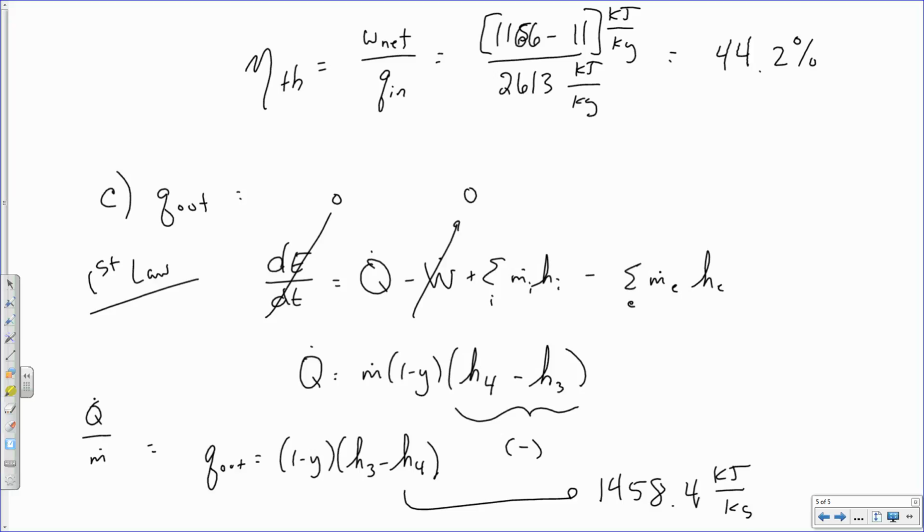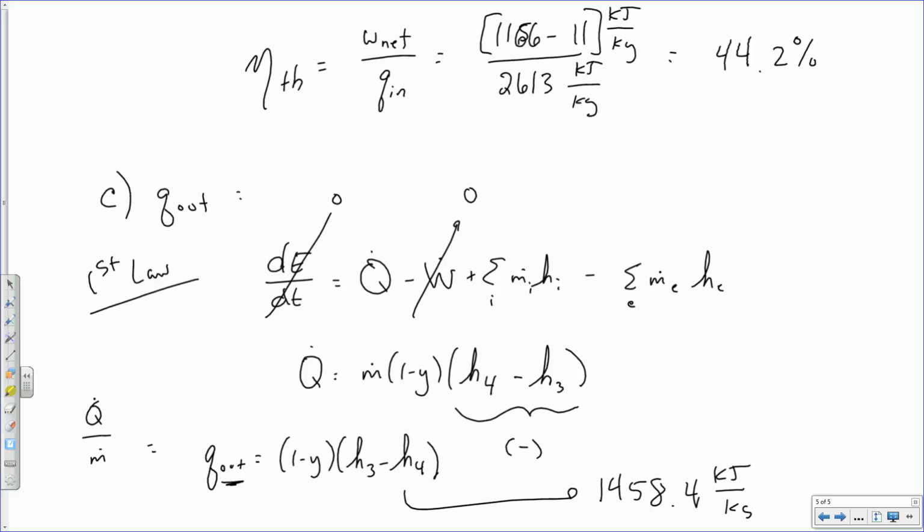But so that we don't confuse ourselves with the positive and negative signs, one way to make things a little bit easier on ourselves is just to define everything positive and then use words like in or out to describe the direction that the heat transfer is moving or the direction of the work. So work in received by the pumps is still a positive quantity because we say that it's work that's going into our system. By using the word in, that defines the direction of our arrow, and we don't have to worry about, oh, is it a negative sign or a positive sign, so on and so forth.